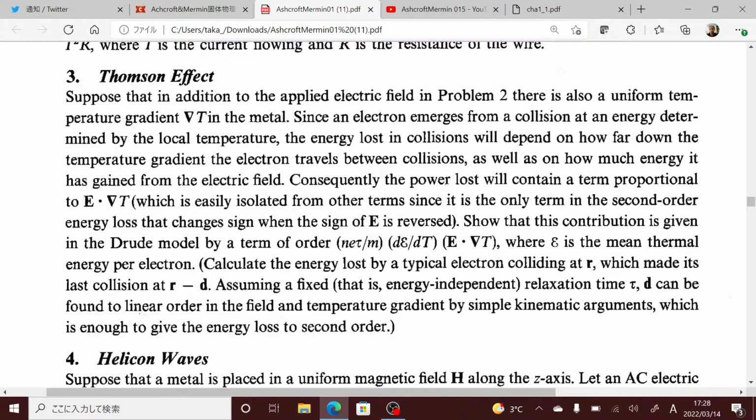So that this contribution is given in the Drude model by a term of order this.